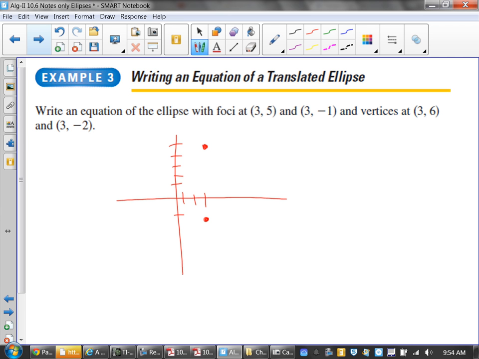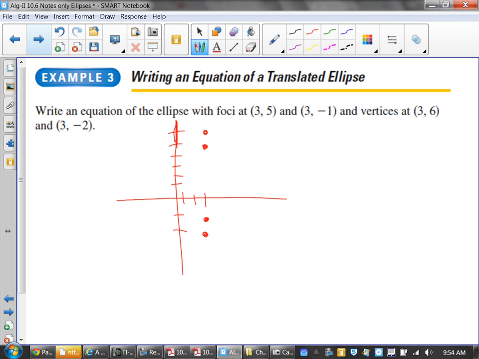My vertices then are at 3, 6, and 3, -2. Can you tell right now what direction this is going to go? It's going vertically again. Does everybody agree on that? Yes. Remember, same thing with parabolas from earlier, the vertices always open up to the focus.